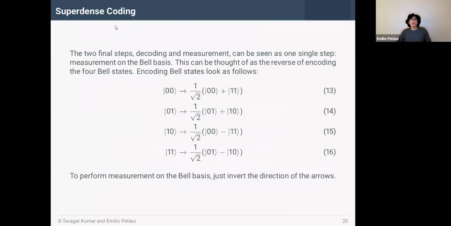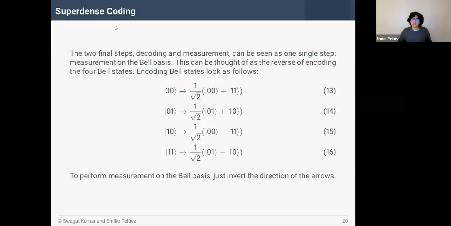So now the two final steps, decoding and measurement, can be seen as one single step, which is measurement on the Bell basis, okay? So this can be thought of as the reverse encoding of the 4 Bell states, and the encoding of the 4 Bell states is what you did on the first problem of the Jupyter notebook of problem set 2.